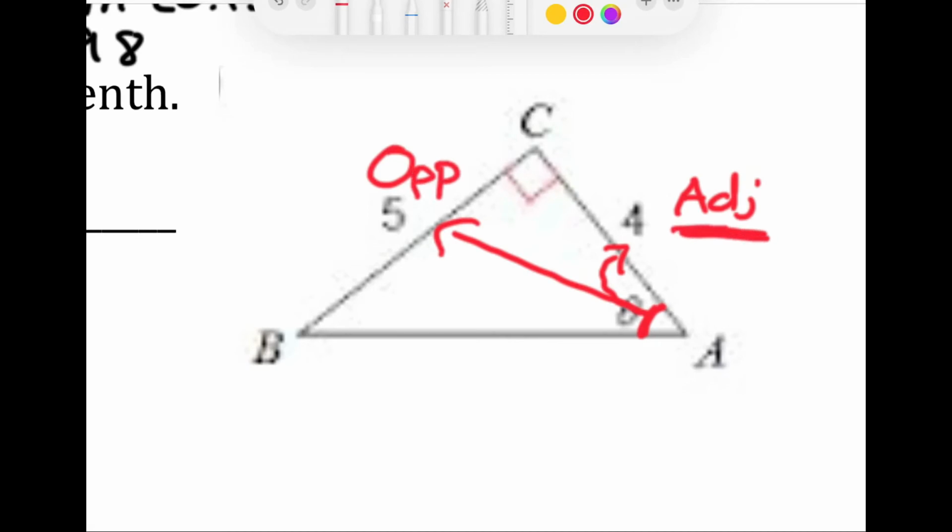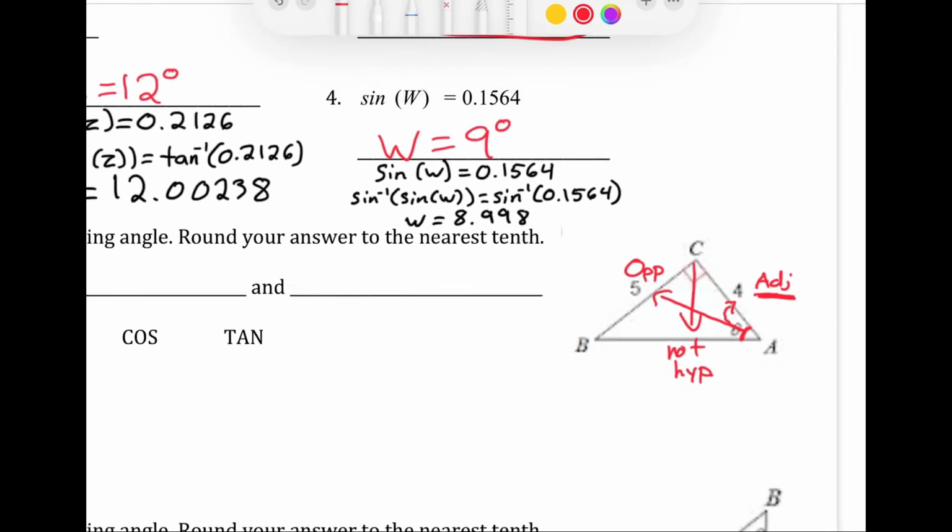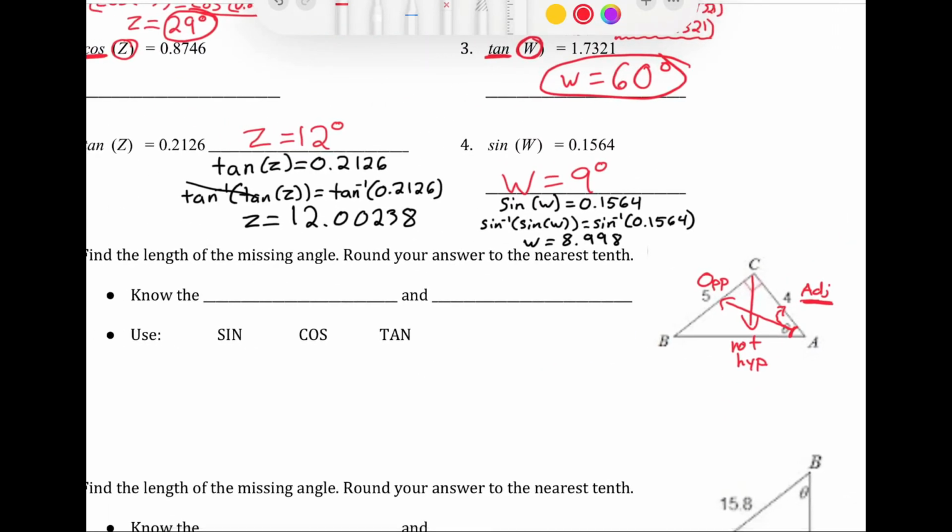Again, this is the adjacent side because it is the side that is touching the angle that's given, and it is not the hypotenuse. So that is why 4 is our adjacent side. So we know opposite and our adjacent.